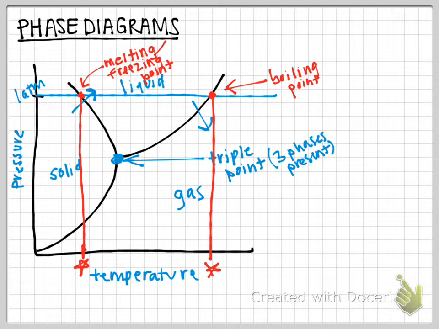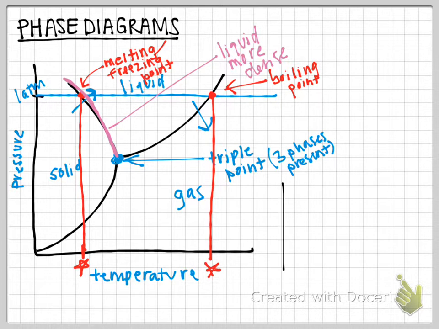The other thing to point out is this line. Remember, if it has a negative slope, that means that the liquid phase is more dense than the solid phase. An example of something that the solid phase would be more dense than the liquid phase would be a graph that has a positive slope, which would be like that.